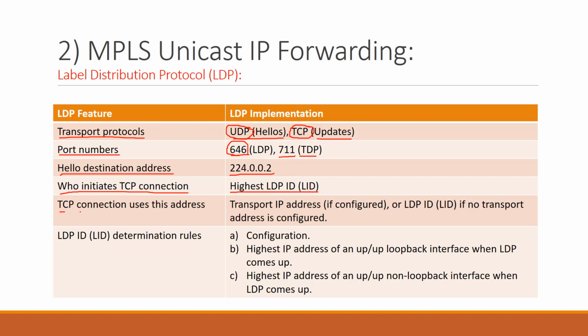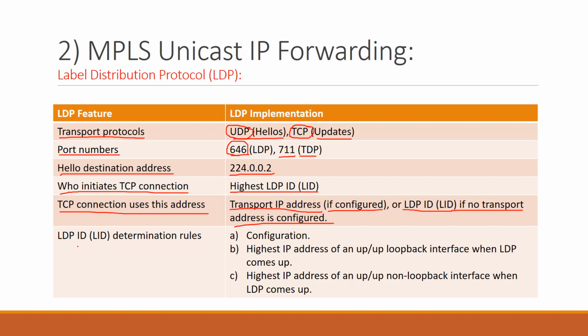So what is the address used by the TCP connection? First, the transport IP address if it is configured, because we said it's optional. If not configured, then the LDP ID will be used for the TCP connection if no transport address is configured.